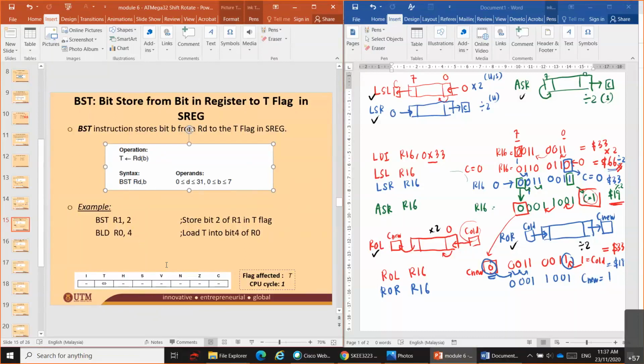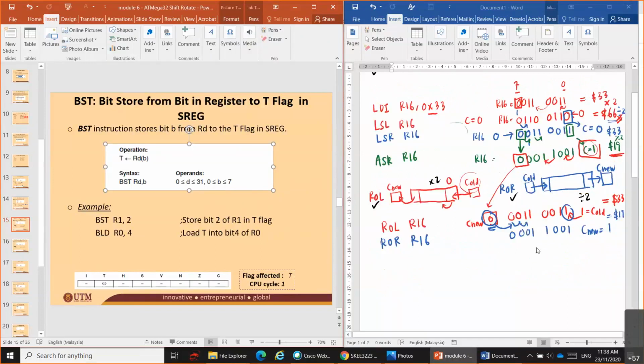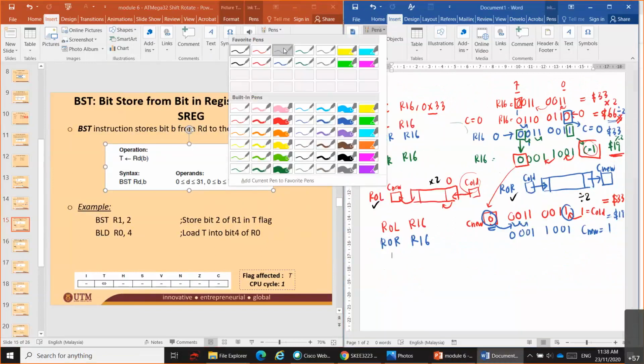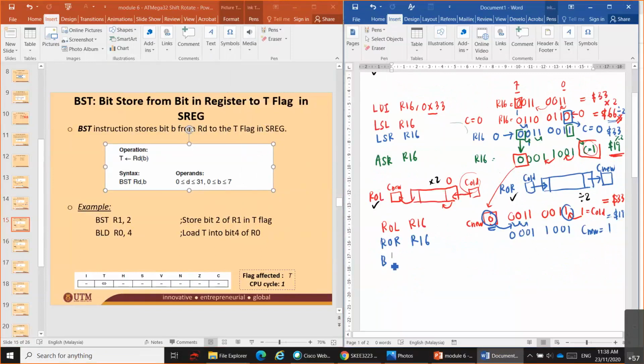For example, we continue here. I just put BST R16, 7.